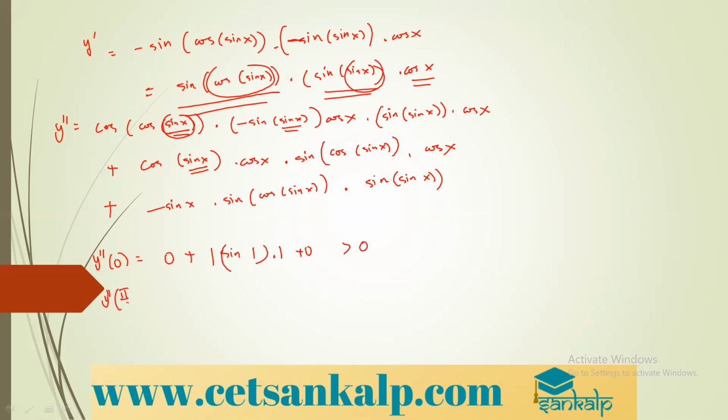We can find pi by 2 also, same way. But when you take pi by 2, this will become 0. This will become 0. First term complete. Second term also completely 0. The last term, what you have? Minus 1. And then sine pi by 2 is 1.